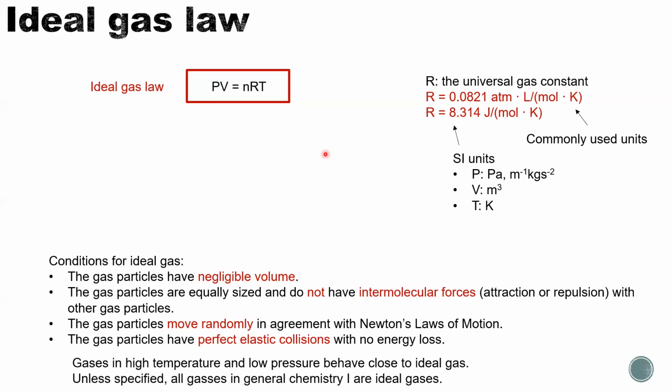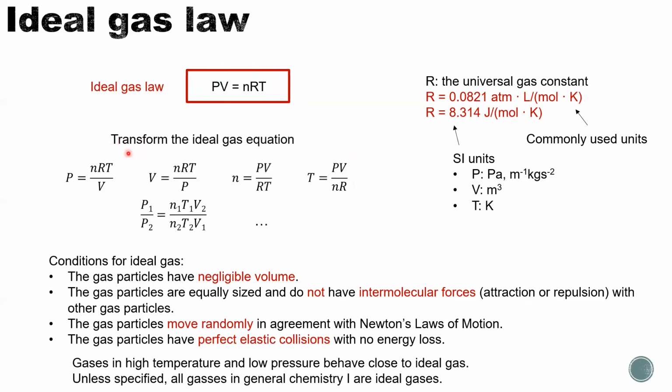For PV equals nRT, we require you to 100% master this equation. That means not only this equation, you also need to know that you can transform the ideal gas equation into different formats. For example, P equals nRT over V, V equals nRT over P, and so on.